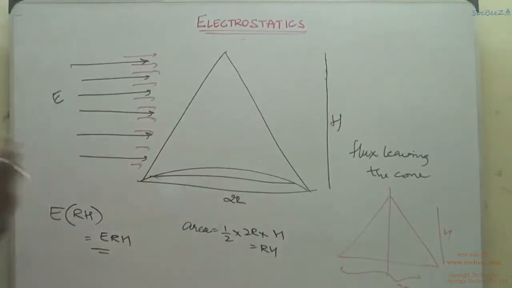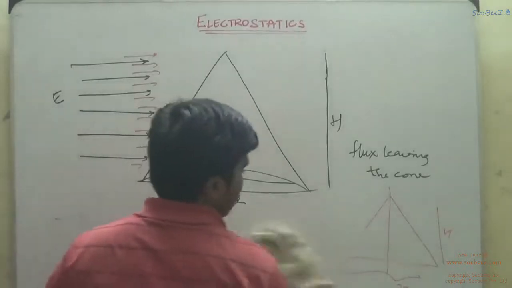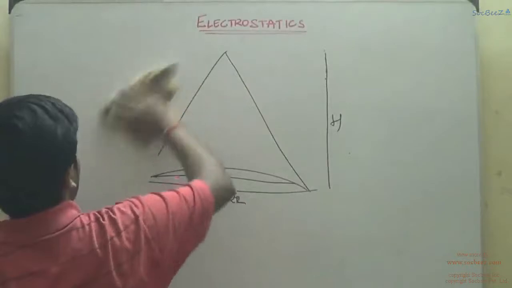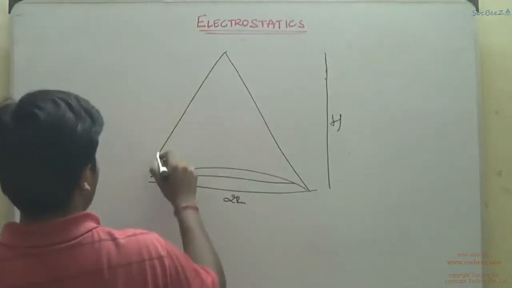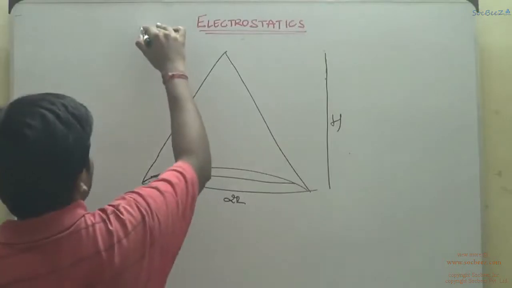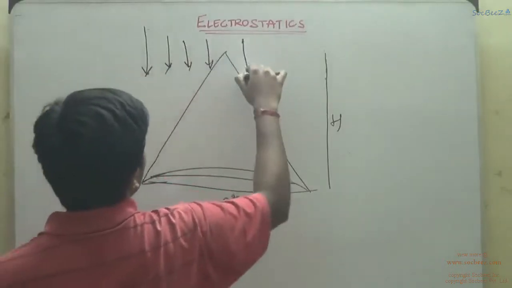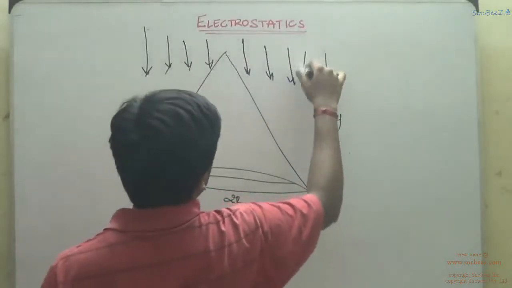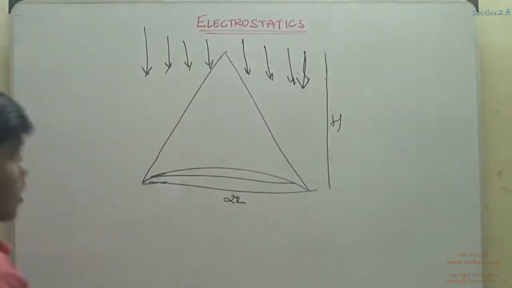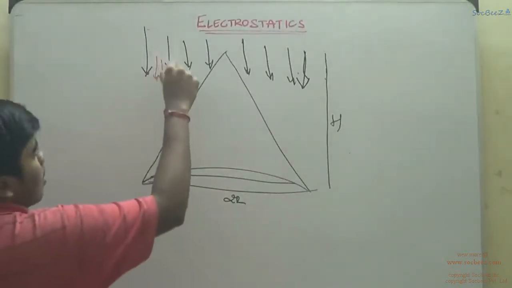Okay, now in the same question, what if I say that let this all be the same, but now the electric field is in this direction. Okay. Now what is the flux through the surface? So now again, we flash light.